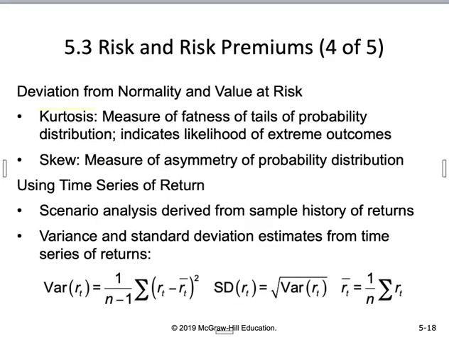A couple of terms I would like you to know are kurtosis and skew. So kurtosis is a measure of the fatness of the tails on that normal distribution or any probability distribution. There are other distributions, by the way, besides the normally distributed ones, but the normal distributions are the most fashionable, let's say, in the investment world.